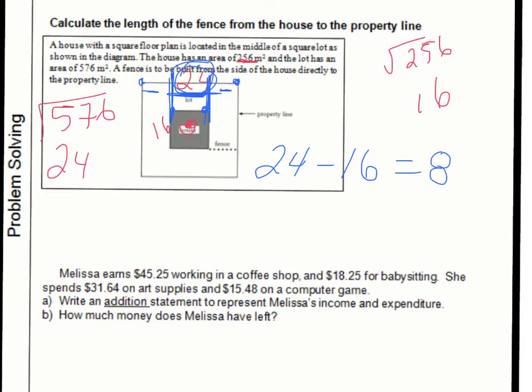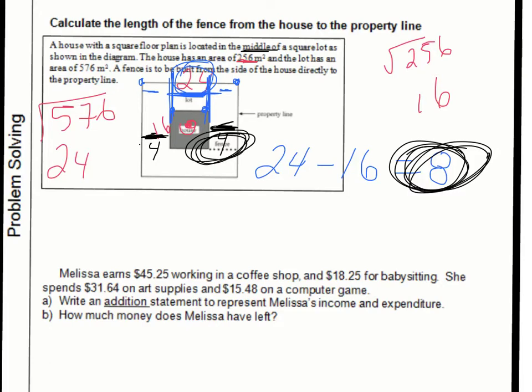That means the distance from here to here plus here to here has to give me 8. And because this is in the very dead center of the property, it says in the middle of the property, that means this distance and this distance are exactly the same, so it has to be 4 and 4 because it has to add up to 8. So the fence is 4.